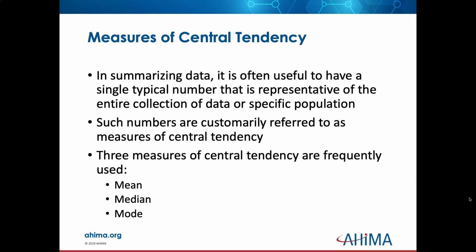Three measures of central tendency are frequently used: mean, median, and mode. So you need to know what mean, median, and mode are. Your book does a great job of walking you through this and giving you examples and showing you how to calculate these. So make sure that you are going through here and following the examples and doing the exercises so that you can see those.